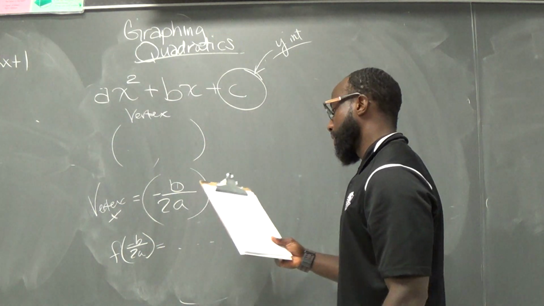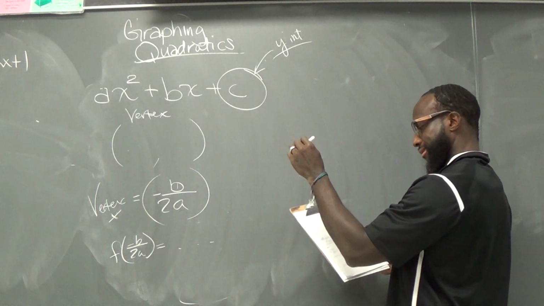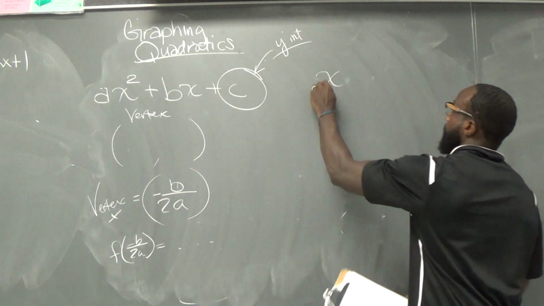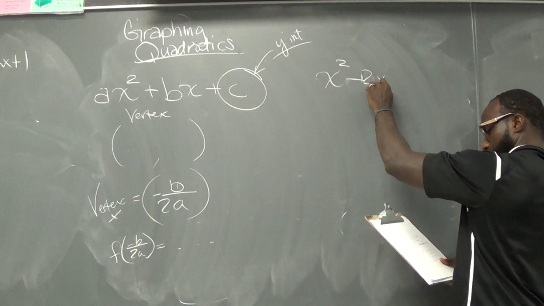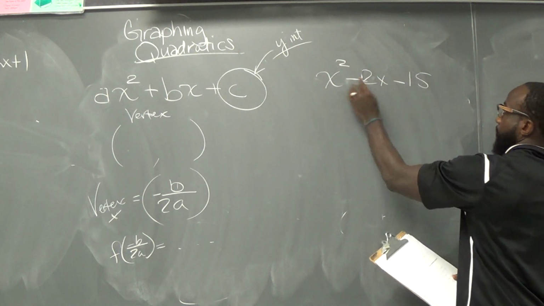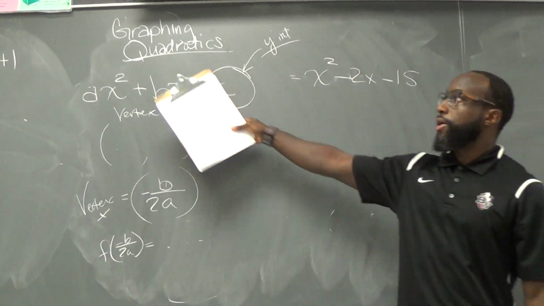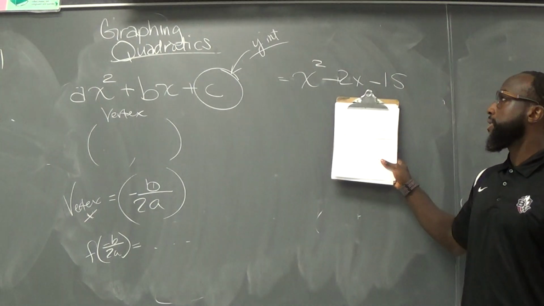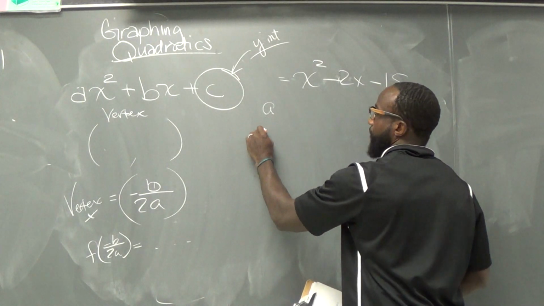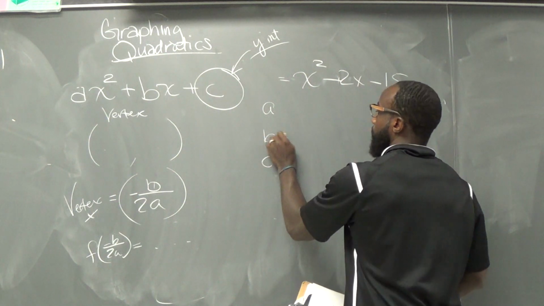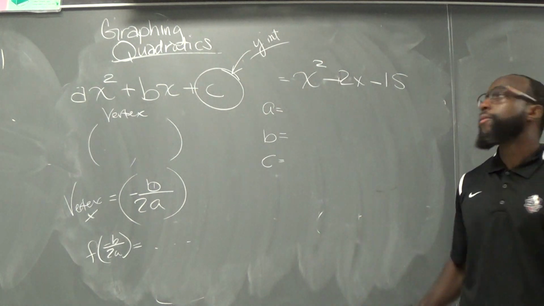Okay. So let's look at this example here. x squared minus 2x minus 15, right? This is your quadratic equation right here. The first thing you want to do is identify A, B, and C. In this particular equation, A is what? 1, good.